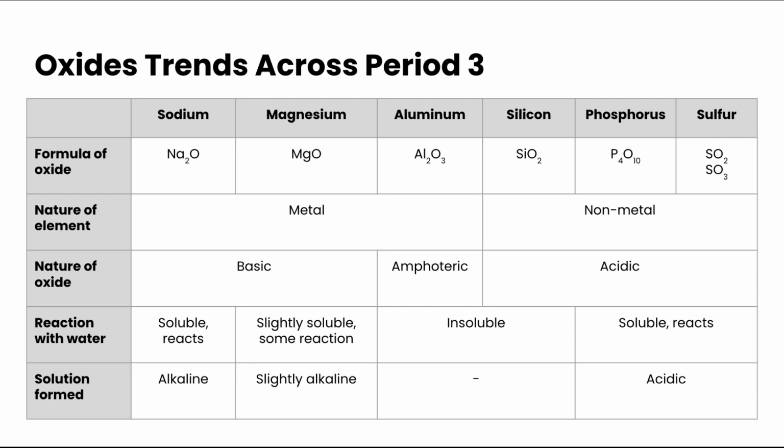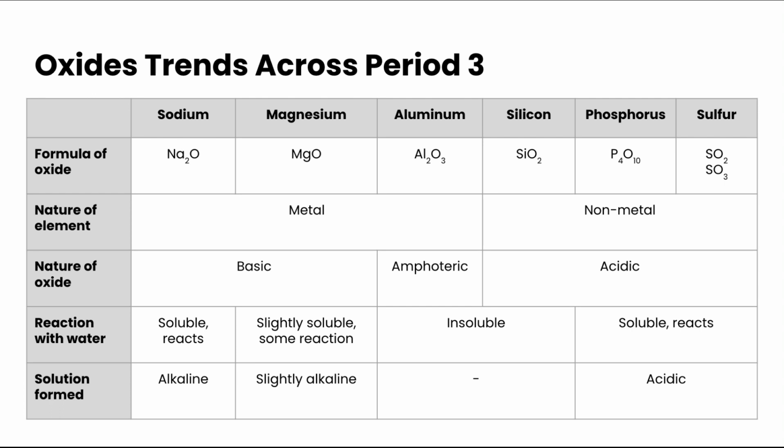Now, if we take a look at the nature of the elements, sodium, magnesium, and aluminum are metals, and then silicon, phosphorus, and sulfur are nonmetals. In terms of the oxide itself, sodium and magnesium are both metal oxides, so they would be basic. Silicon, phosphorus, and sulfur are nonmetals, so they would make acidic oxides.